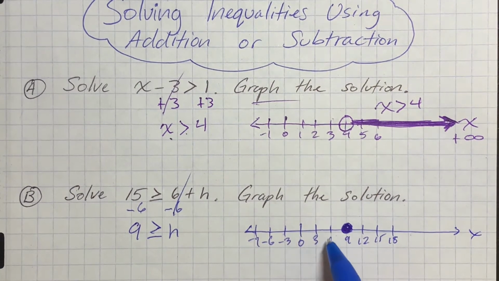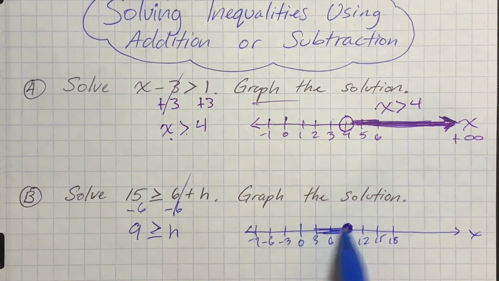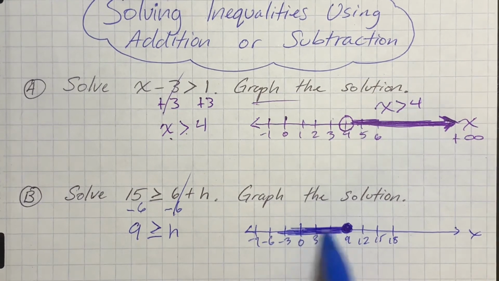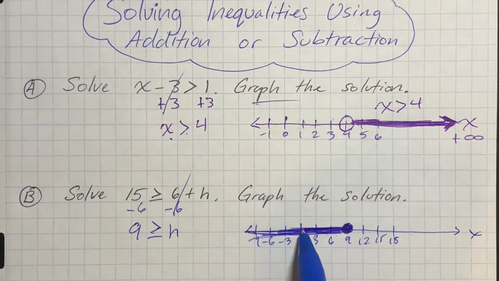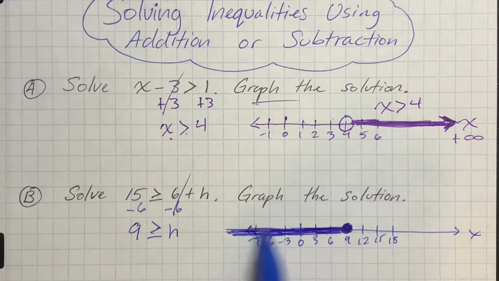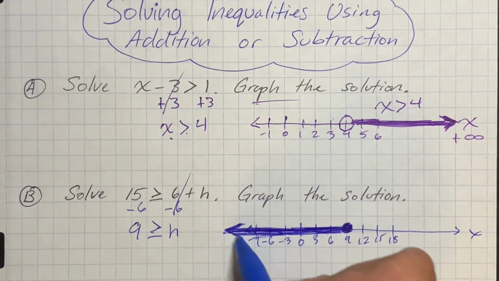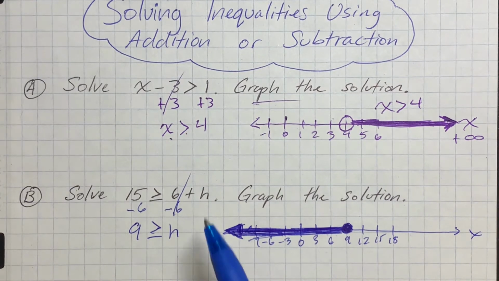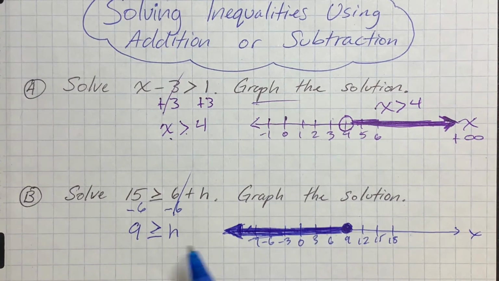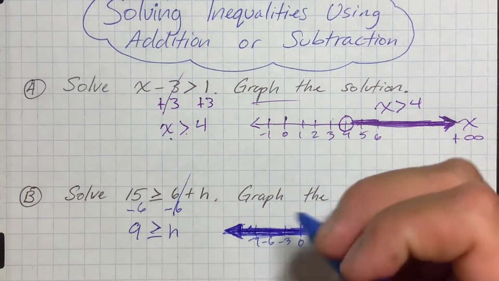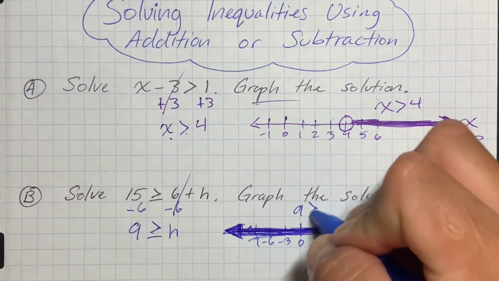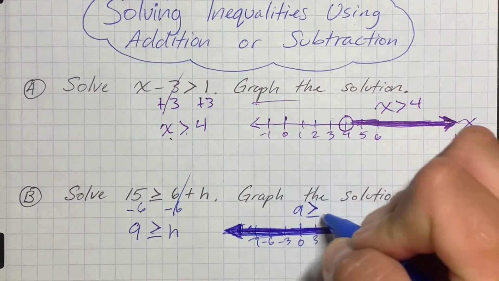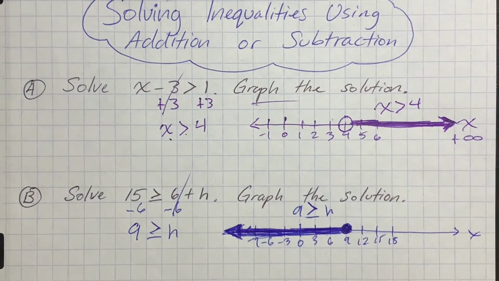Now we look at all the integers on the number line that are less than 9: all these positive integers that are less than 9, and the infinite amount of negative integers, all the way to negative infinity. There you go, my friends. You have just solved and graphed the inequality on the number line. Again, this is 9 is greater than or equal to h.